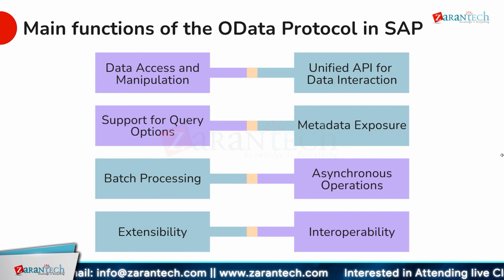Batch processing is another powerhouse feature. Imagine you are a chef who needs to prepare multiple dishes. Instead of cooking each item separately, you can combine preparations. That's what batch processing does. It lets you bundle multiple operations into a single request, saving time and resources.